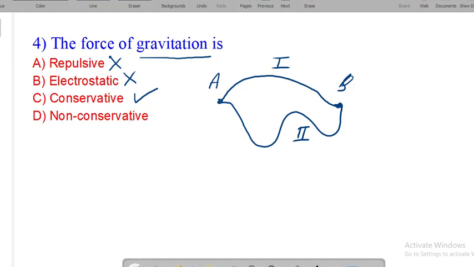Non-conservative forces are those in which the work done depends on the path, and they are irreversible. Examples of conservative forces are gravitational force, electrostatic force, and magnetic forces. Non-conservative forces are like frictional force. So for our case, the answer is C, conservative.